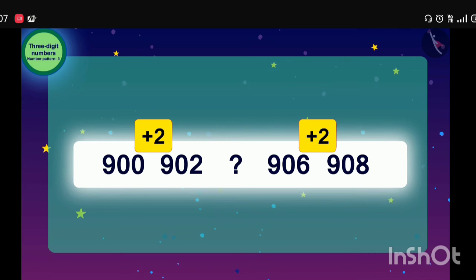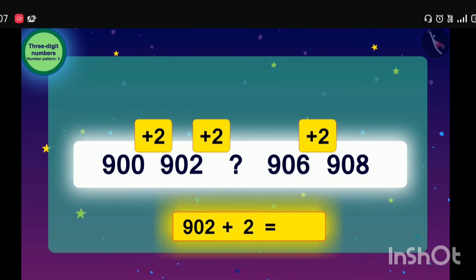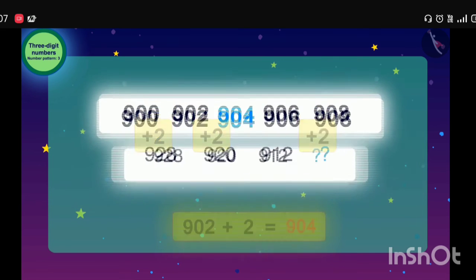In this way, we can find the next number by adding 2 to each number. To get the next number of the code, we will add 2 to 902. By adding 2 to 902, the next number we get will be 904. Our first pattern is complete.